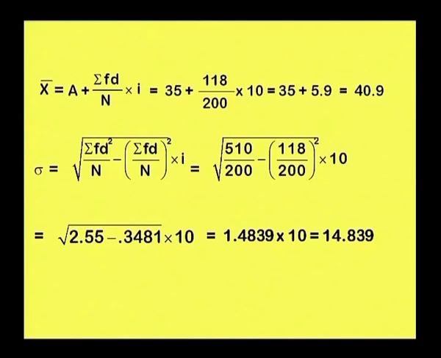Then this is multiplied by 10. So, 2.55 minus 0.3481 gives 1.4839 under the root, and multiplying by 10, we get 14.839. So, this is the standard deviation.